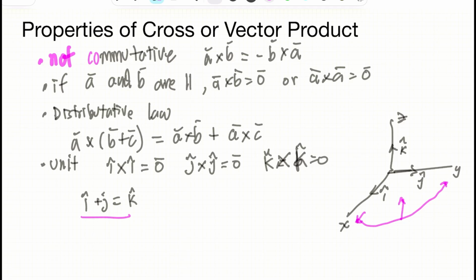So this makes sense in terms of the right-hand rule. And now J cross K is equal to I, and K cross I is equal to J. So that's what happens to our unit vectors when we start working with those.